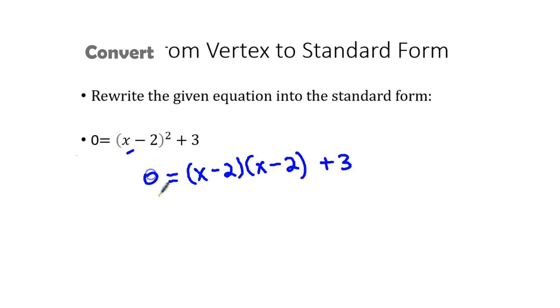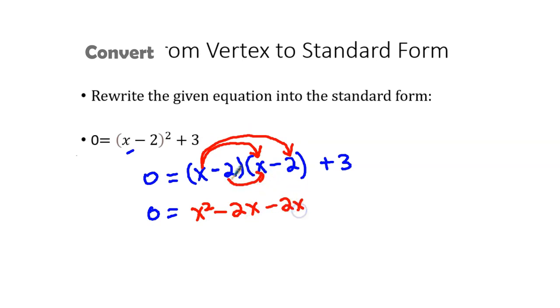And if you want, you put your 0 here. Take this, multiplying that, get x squared. Multiply the second number, get negative 2x, another negative 2x. Multiply this, negative times negative, positive, and bring that down.